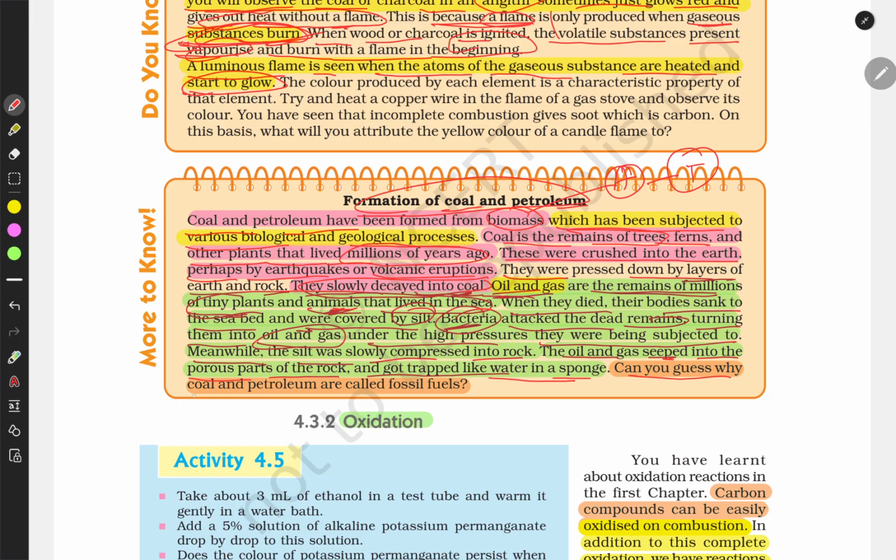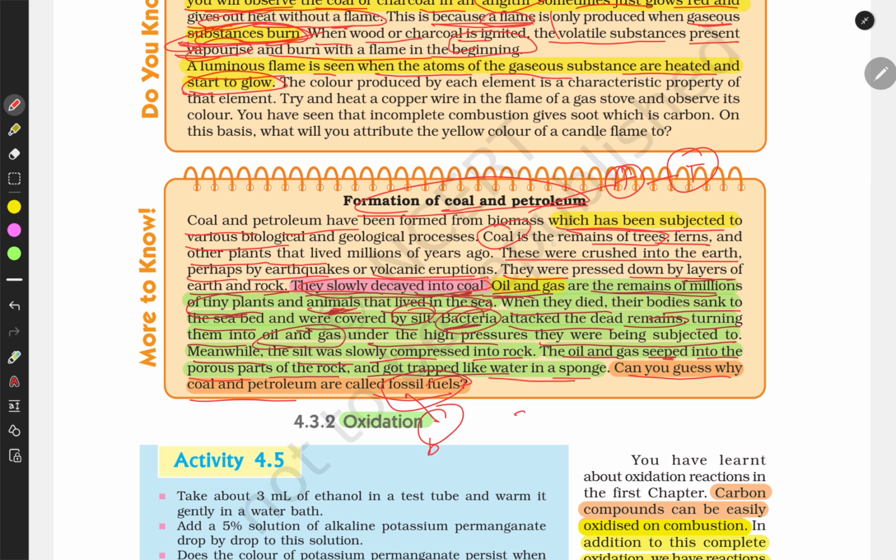So, can you guess why coal and petroleum are called fossil fuels? Fossil means dead biomass. Biomass includes both plants and trees.